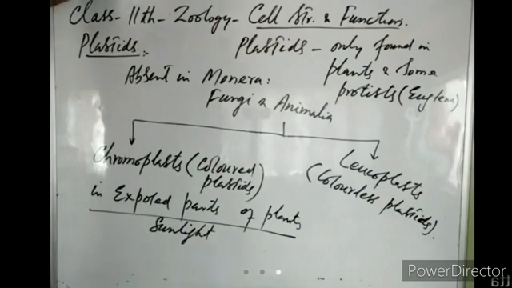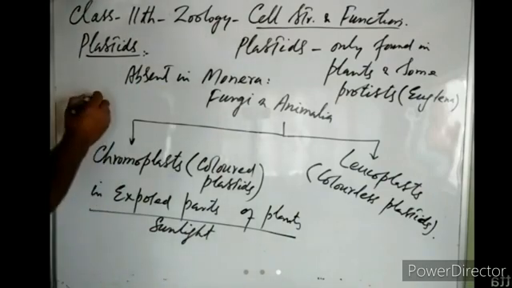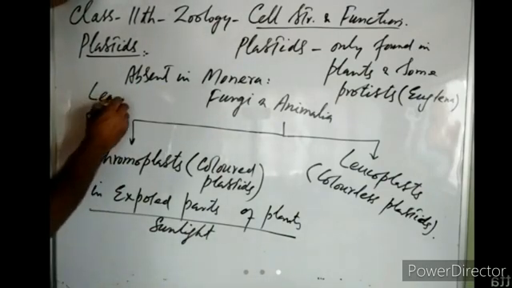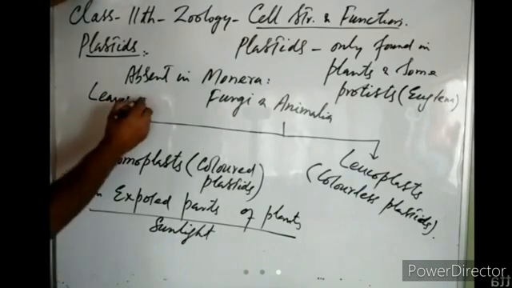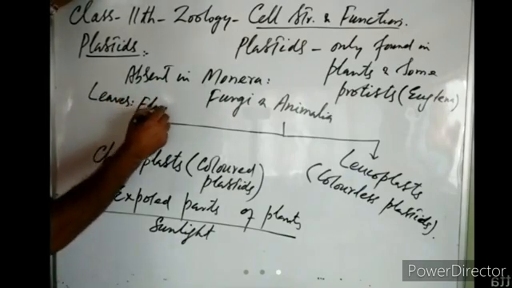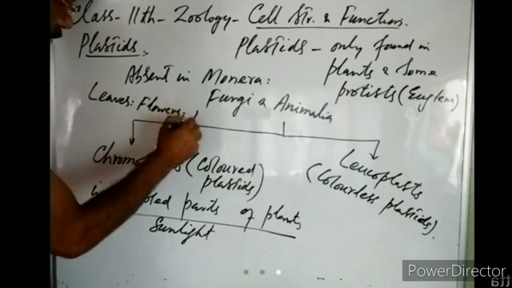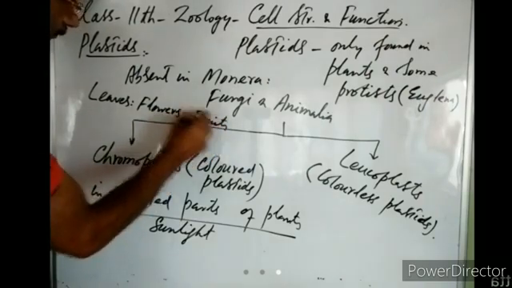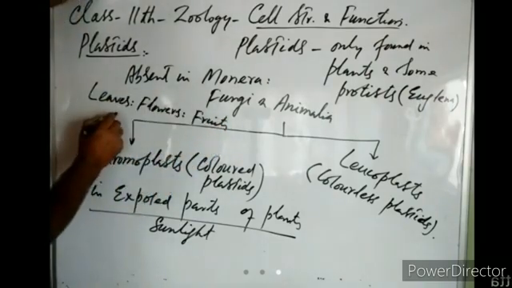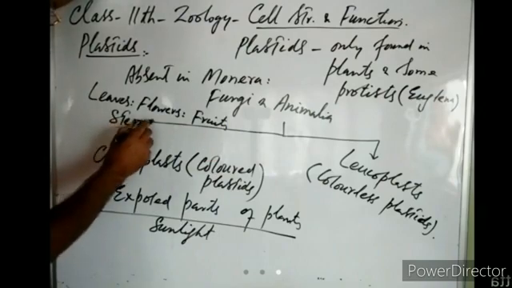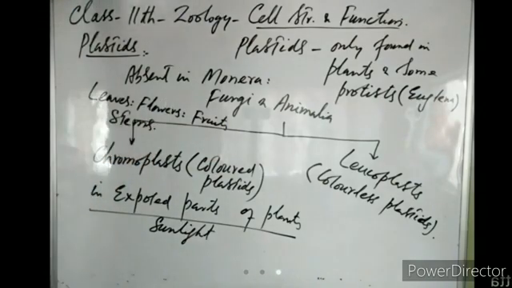For example, they are present in leaves, in flowers, in fruits, and they may be present in stems as well.